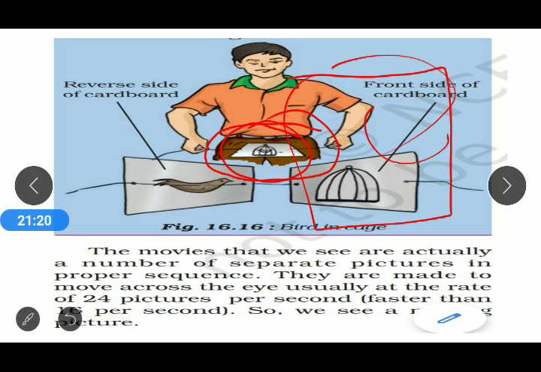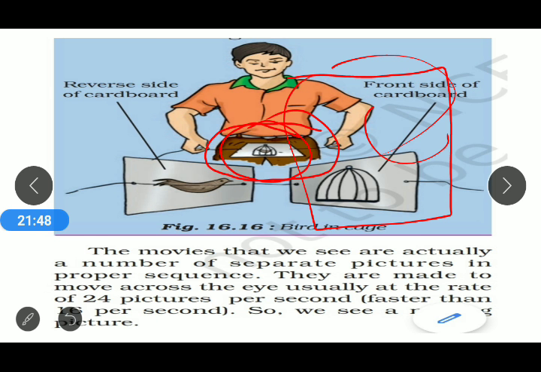Why did it happen? Because we are moving that cardboard faster than the persistence speed. The persistence capacity of the retina is 16 pictures per second, but we are moving the pictures faster than that, at 24 pictures per second.